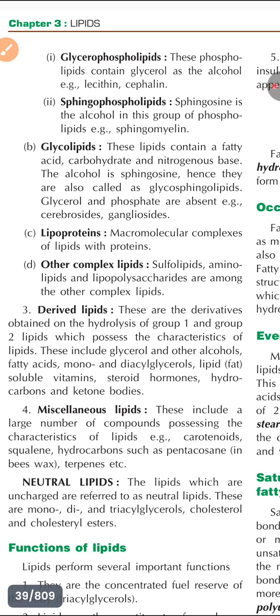Then we have derived lipid. These are derivatives obtained on the hydrolysis of group 1 and group 2 lipids, which possess the characteristics of lipid.